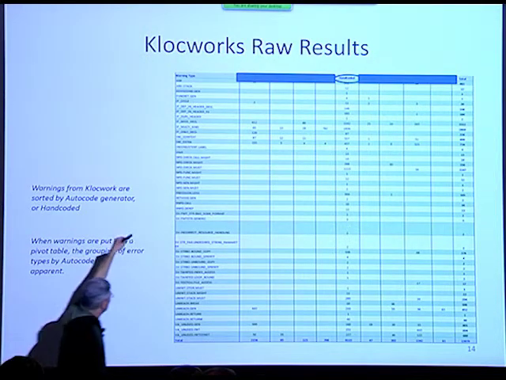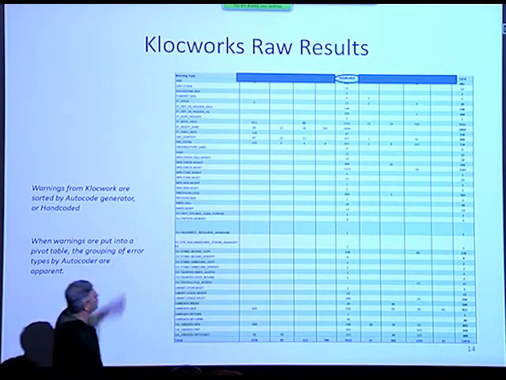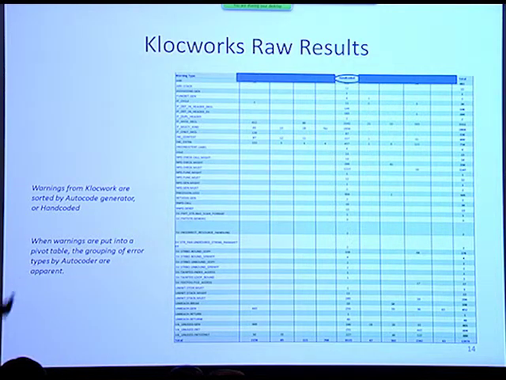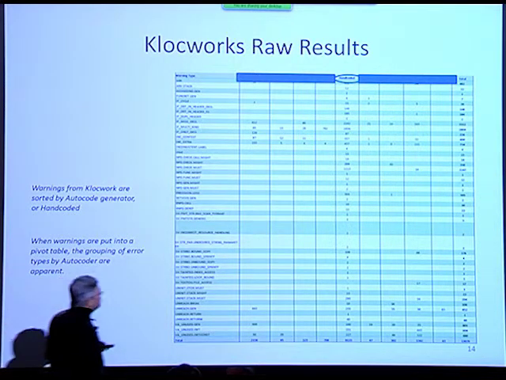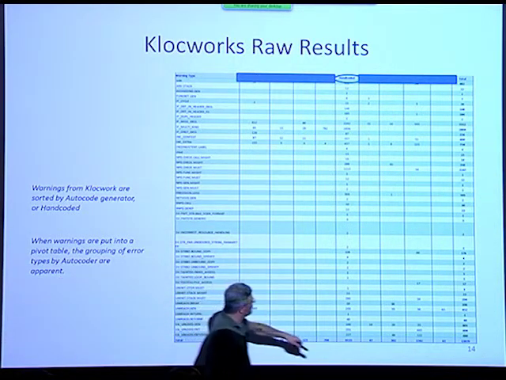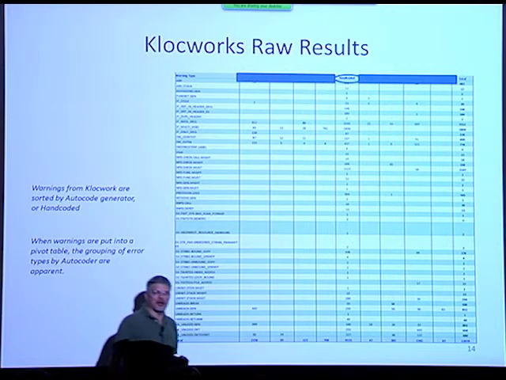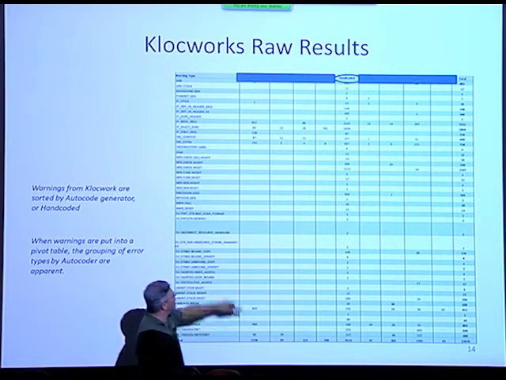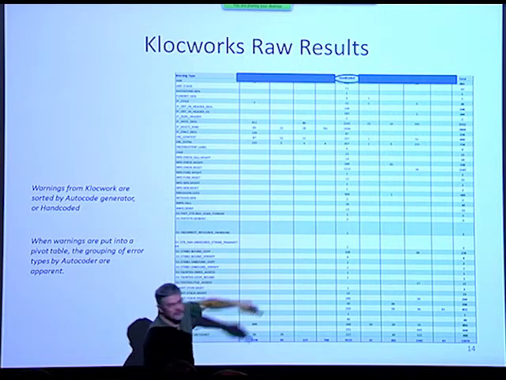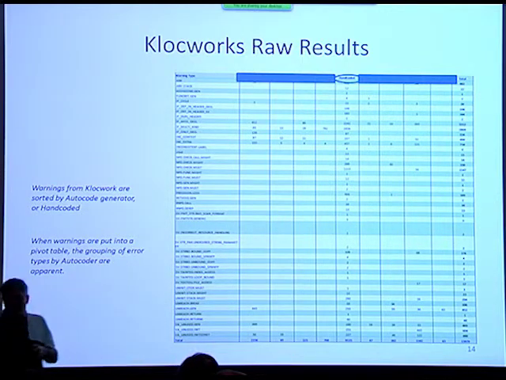Down the side here, you've got labels from Klocwork of the different kinds of warnings that come out. Across the top are the different mechanisms that code was produced. The ones covered up in blue so you can't see the names of them are their autocode generators. And the one down the middle is the hand-coded, okay? And you can see the pattern. You get this random spread across hand-coded stuff. And you get these pockets of somethings going on with the auto-generated code.